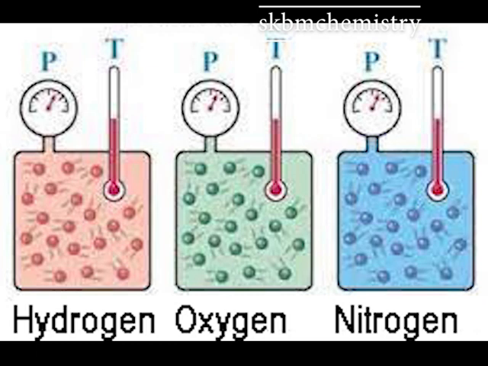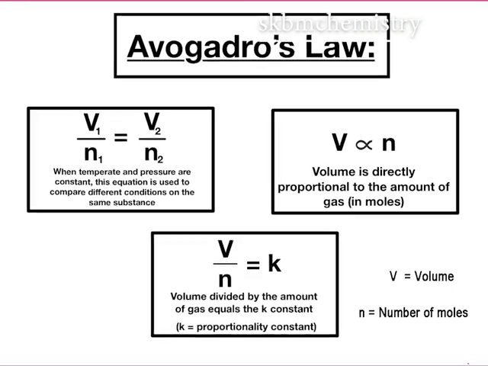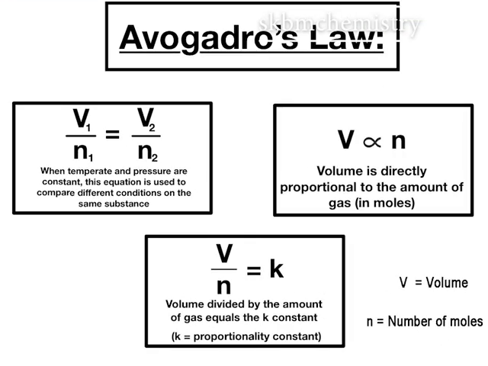So this is what we know as Avogadro's law. Mathematically, Avogadro's law can be expressed as V proportional to N, or V1 by N1 is equal to V2 by N2. V represents the volume and N represents the number of molecules.